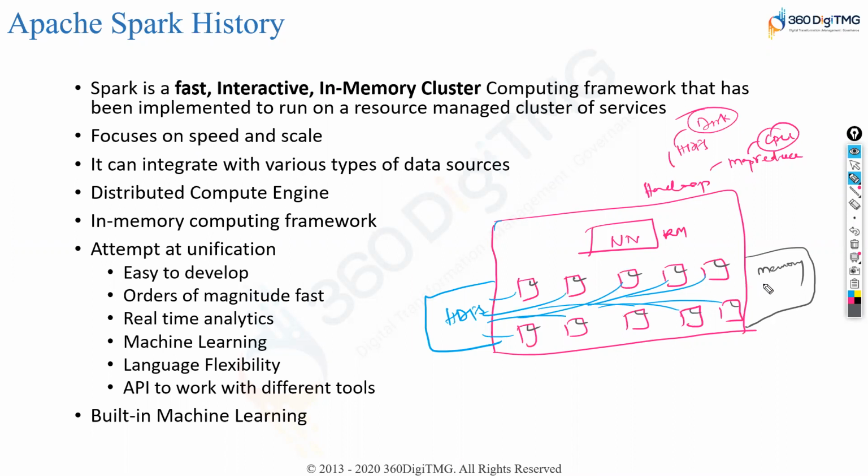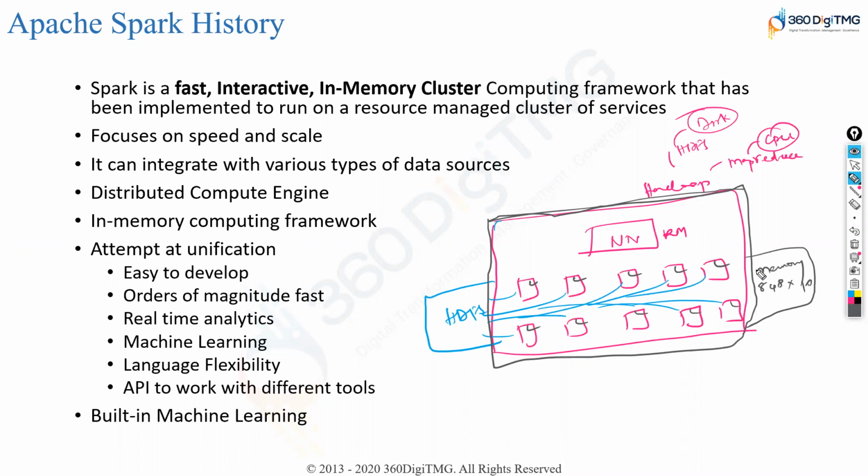Each device has 8 GB memory, 8 GB into 10. So that means my Hadoop cluster environment, which has Spark installed in it, has a capability of 80 GB memory. Making sense, guys?